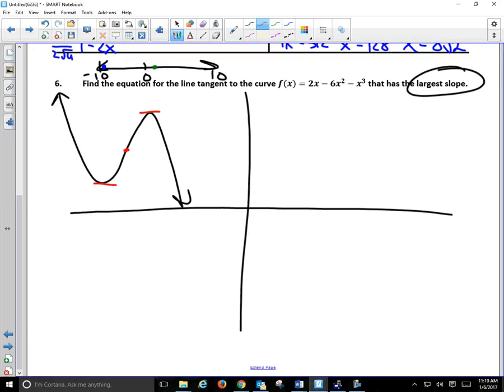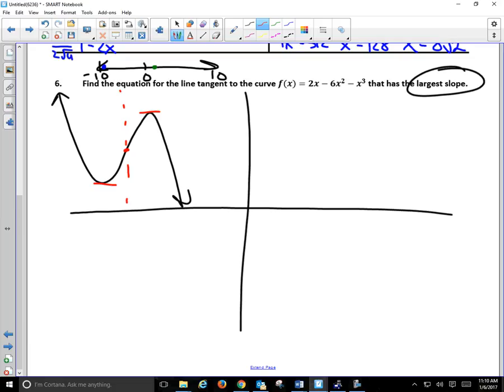What point do we call that? The inflection point. How do we find a point of inflection? Second derivative. That is where we change concavity. Concave up or concave down? Concave up, down. So at this inflection point where the second derivative is equal to 0, that's where we're going to have our largest slope in this situation.